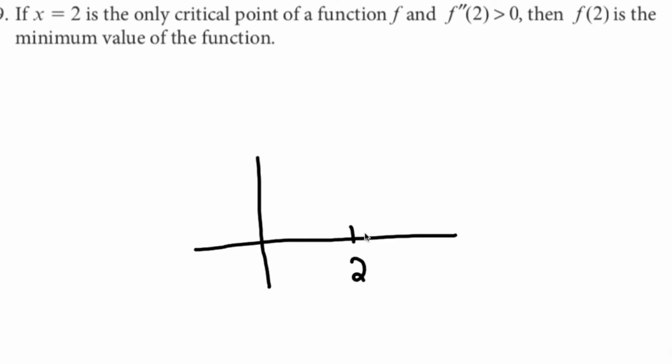So if x equals 2 is the only critical point of f, and the second derivative at 2 is greater than 0, so let's say here's our critical point at 2, and the second derivative is positive, keep in mind that's the only critical point. That would be the only spot where it either flattens out or has, in this case, a minimum because the second derivative is positive. Then f of 2 is the minimum value of the function.